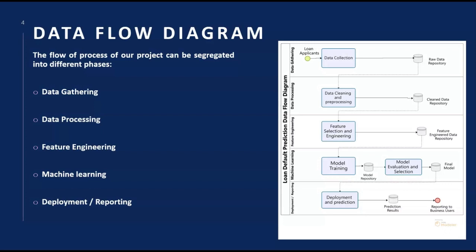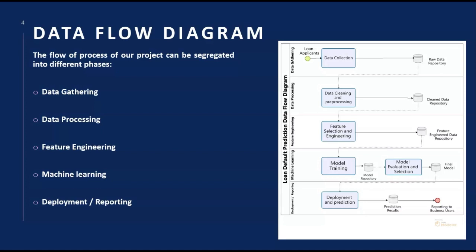In the feature selection and engineering phase, relevant features that contribute to the prediction are selected and new features may be engineered to improve the model's performance. The dataset, now with selected and engineered features, is stored in a feature-engineered data repository.